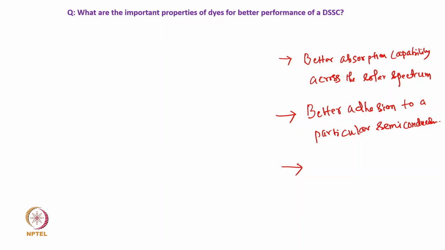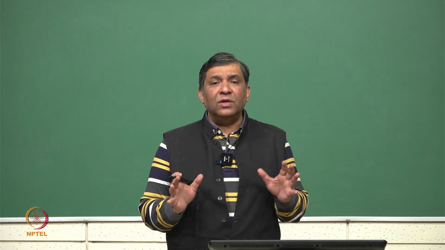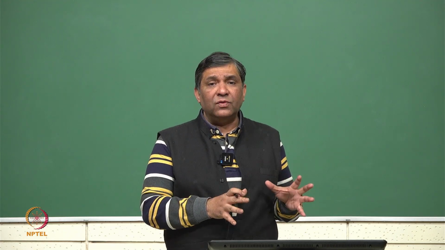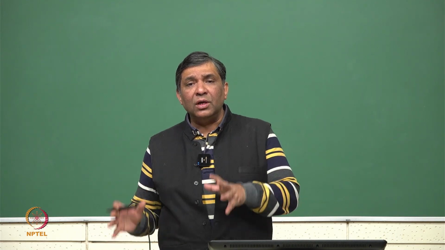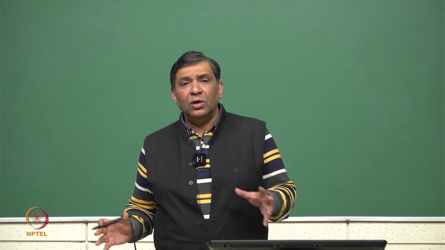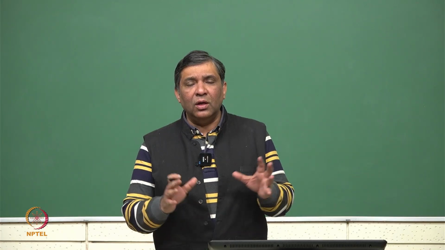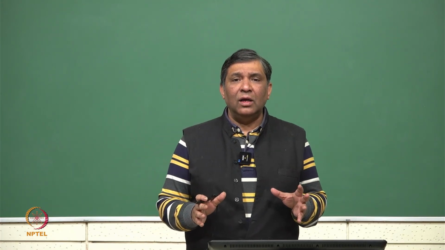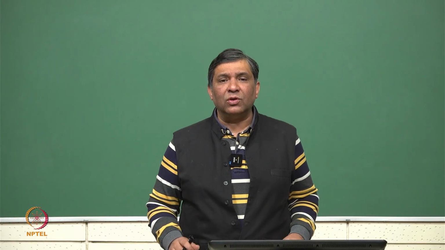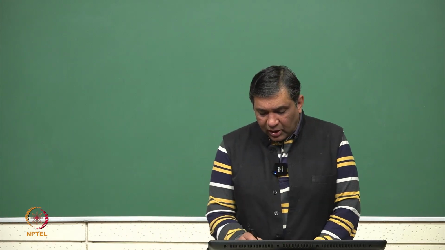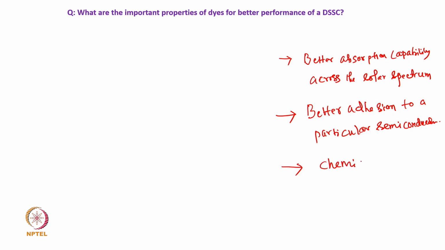And third, of course, the important point is that it should be stable, because you see that the dye in the entire system of the DSSC is connected with a semiconductor, and it is also in the electrolyte which flows on this particular cell, and therefore, they are sort of placed in that electrolyte. So, therefore, its chemical and thermal stability should be high.